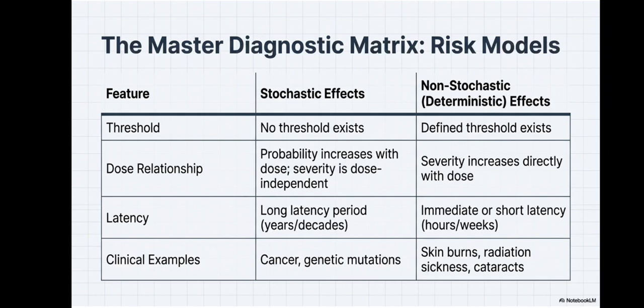Dose relationship: in stochastic effect, probability increases with dose, severity is dose independent; in non-stochastic effect, severity increases directly with dose. Latency: long latency period, years or decades, but in non-stochastic effect, immediate or short latency, hours or weeks. Clinical examples: cancer, genetic mutations; skin burn, radiation sickness, cataract.